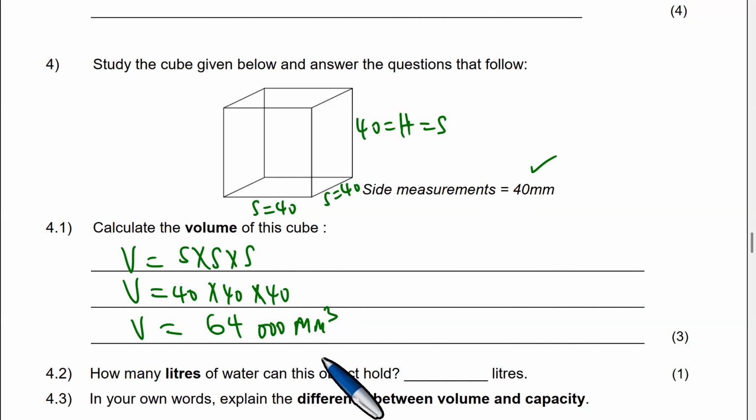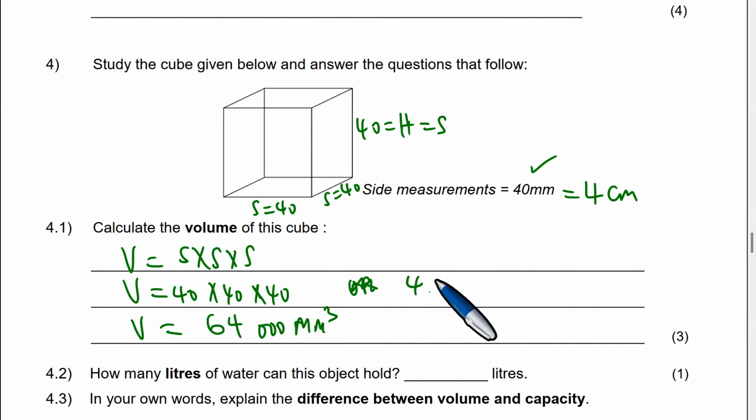millimeters. But you can also convert this. You can do it in centimeters, because 40 millimeters is also the same as 4 centimeters.